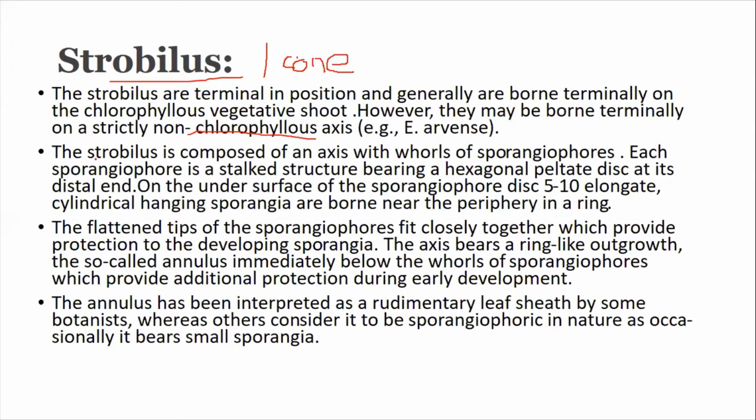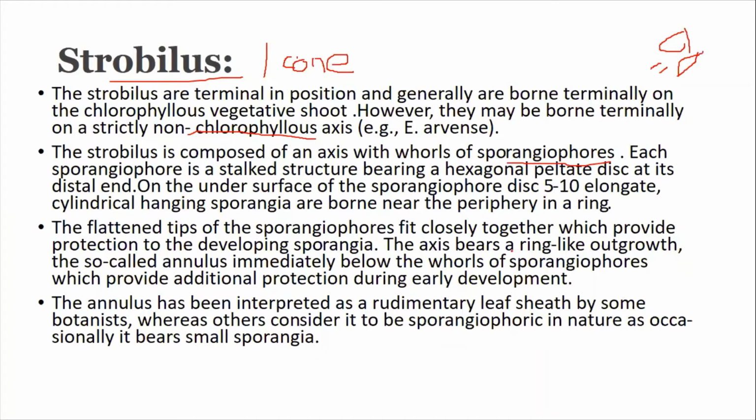Now, the strobilus is composed of an axis with whorls of sporangiophores. What is a sporangiophore? A sporangiophore is a structure which has a stalk and many sporangia arranged on it.